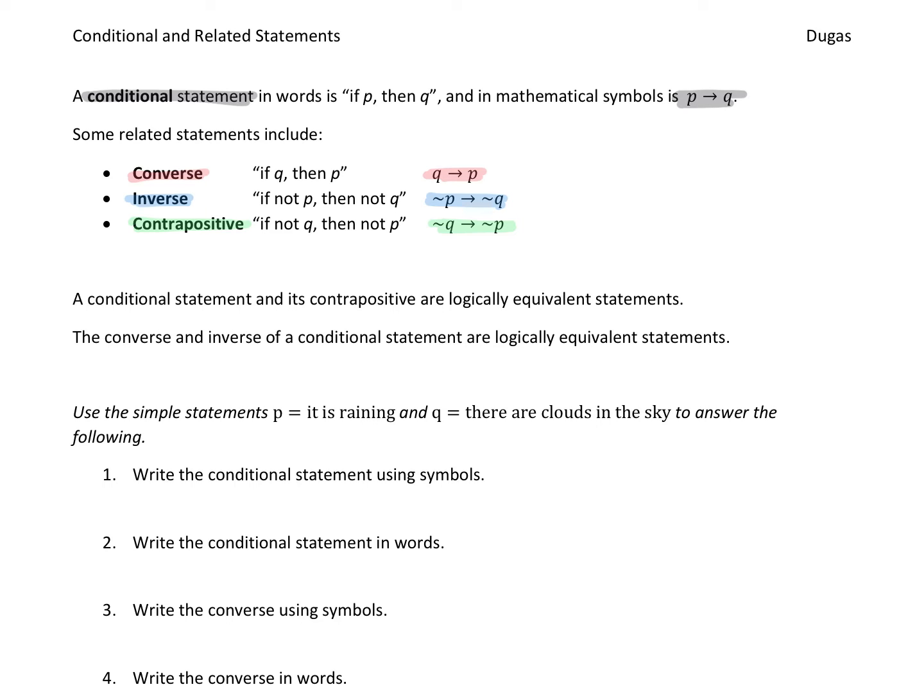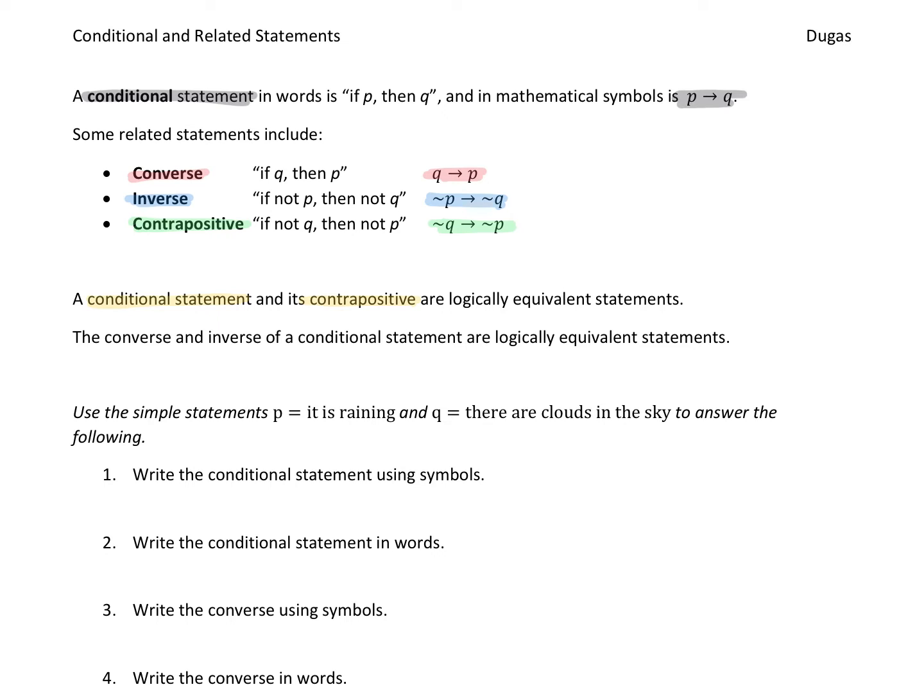So for any conditional statement, you can write the converse of the statement, the inverse of the statement, and the contrapositive of the statement. So a couple of things. A conditional statement and its contrapositive are logically equivalent statements.